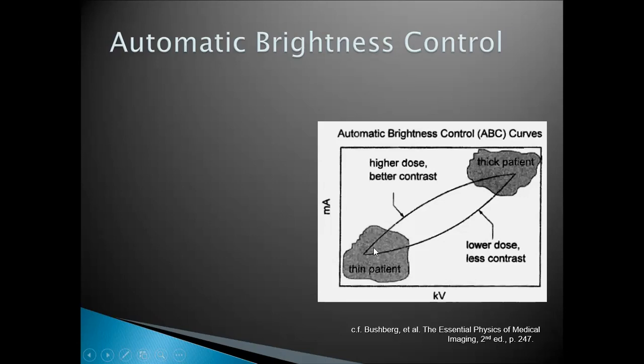But for this lower curve, the rate of increase of the kVp is greater than that of the mA. So this has to do with how you want to manage the contrast resolution, based on the mA.